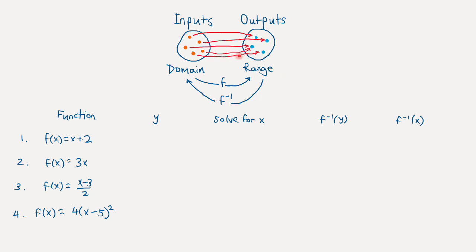In this example, if we look at this output here, that comes from two possible inputs, and that's okay for a general function. But if we want to think about inverse functions, we need to consider a particular type of function called a one-to-one function. For a one-to-one function, we cannot have this situation where one output comes from two different inputs.